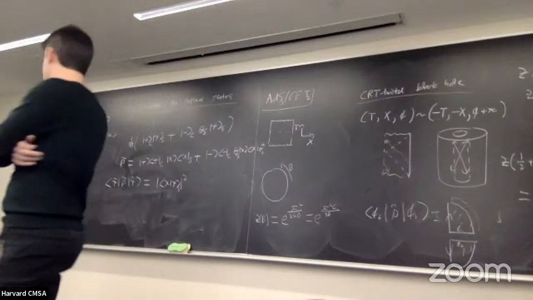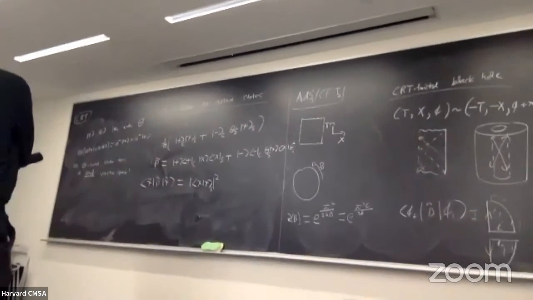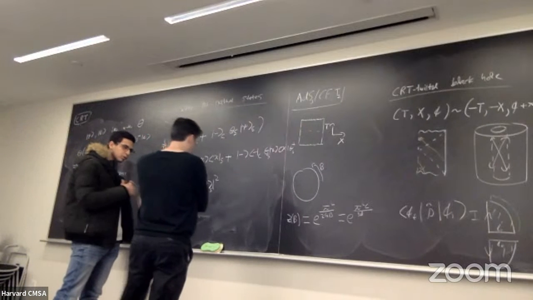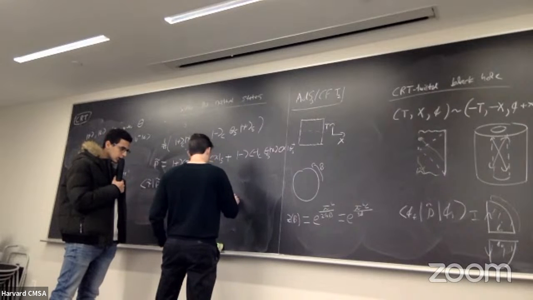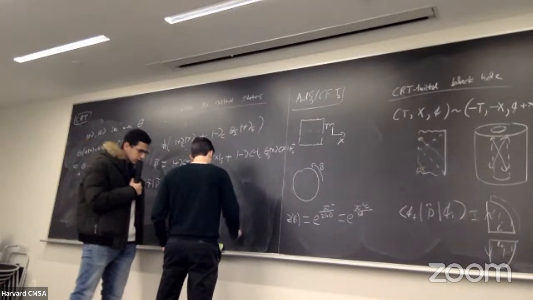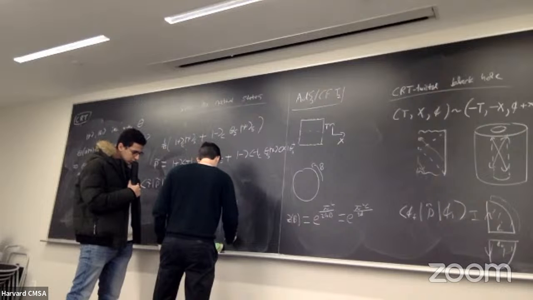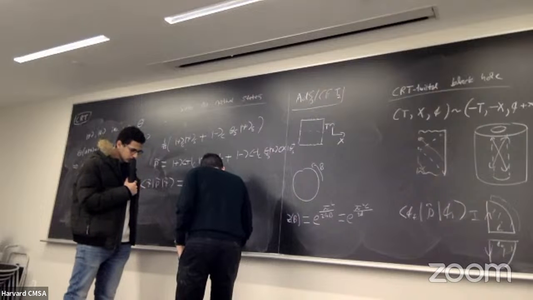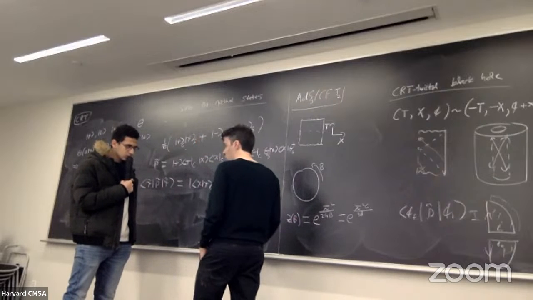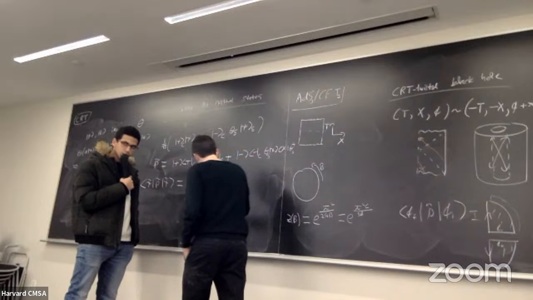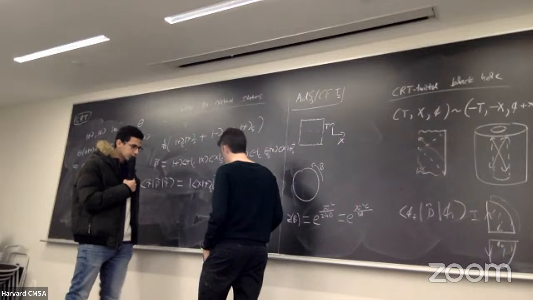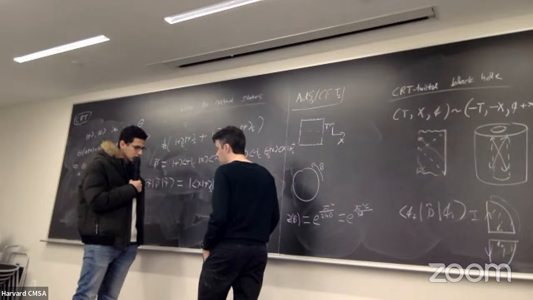I had a small technical question: can you explain again the procedure of adding the background, the discrete gauge field, the holonomy, the line that went through? You mean this example or in general? Maybe that example. So the idea is I wrap the symmetry operator, so that this is a dimension d-1 operator, codimension 1. Then I take the cycle where I want there to be a holonomy, and I find a Poincare dual cycle, and then I put this on the dual cycle.